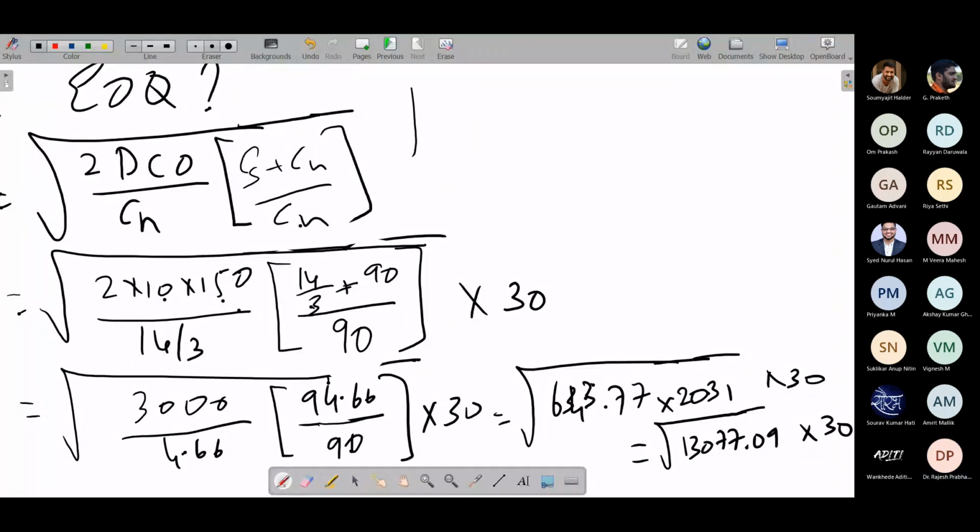94.66 divided by 90 is 1.051. Into 1.051, we are getting 26 point 77 per day.